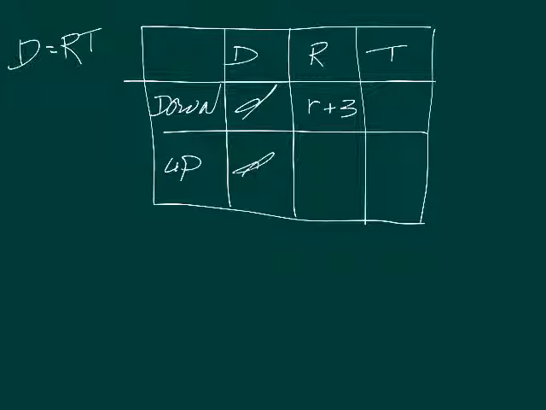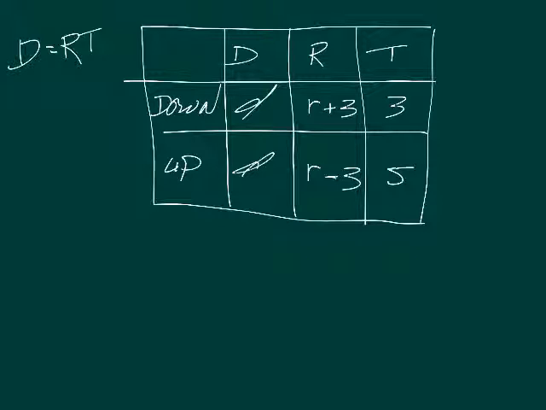Now when he went upstream, whatever his rate was, it's going to be slowed down by 3 mile an hour because he's going against the current. So whatever his rate is in still water, we're going to have to subtract 3 from it. So let's look at what else we know. The return trip against the current takes 5 hours. So the return trip took 5 when he went upstream. And it said it took him 3 hours to go downstream.